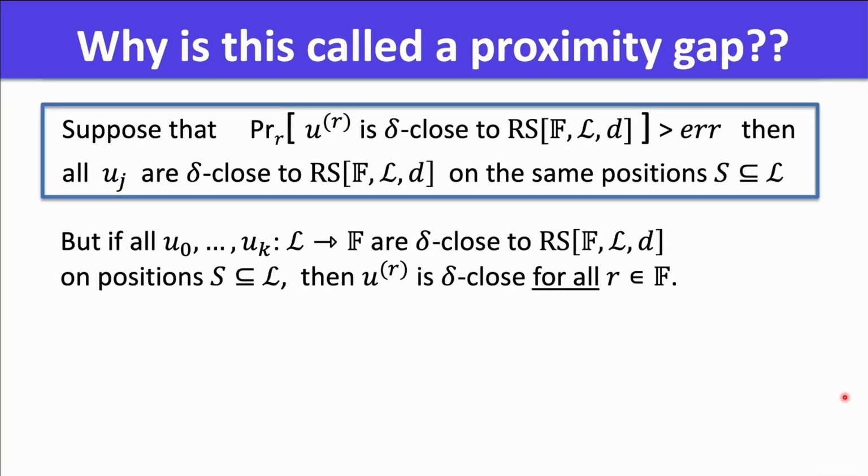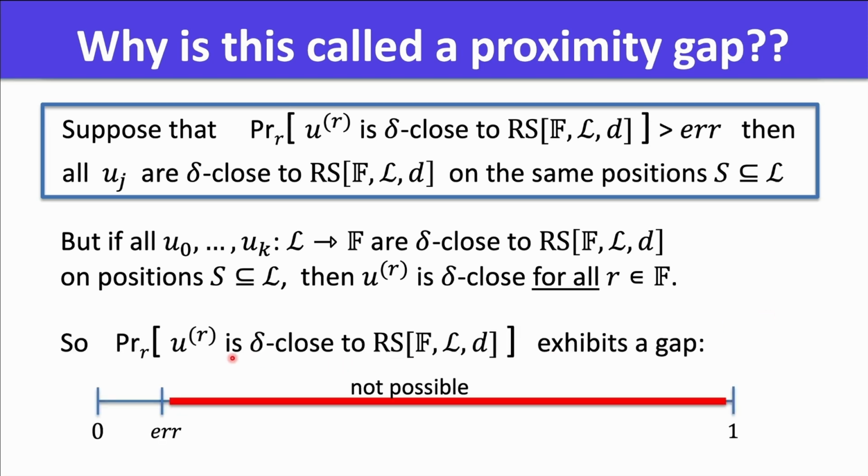You might be wondering, why is this called a proximity gap? What the theorem implies is that once we know that u0 to uk are all delta close on the same positions S, all their linear combinations are also going to be delta close to the code on all positions in S, again because the code is a linear code. So if all of u0 to uk match code words on positions in S, their linear combination also matches code words on positions in S for every r in the finite field.